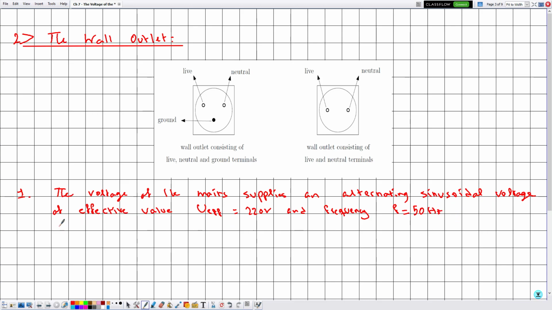This is known as the electricity of Lebanon, EDL, delivered through the wall outlet.